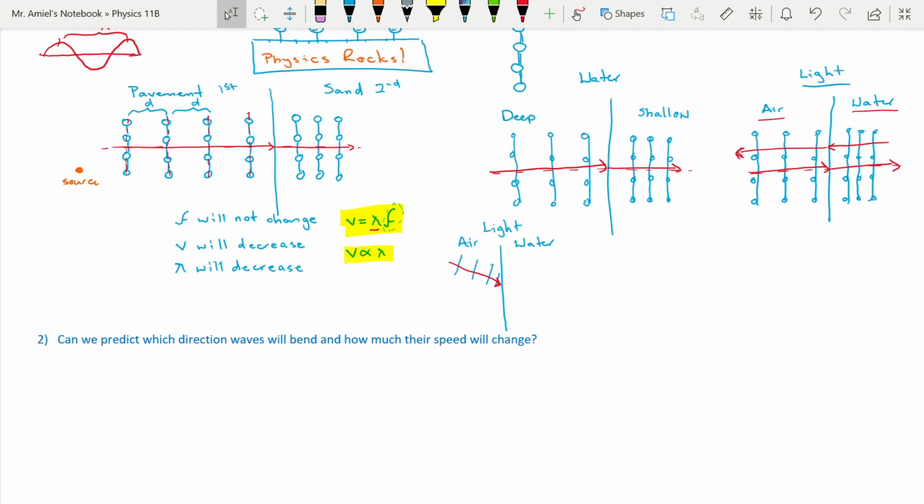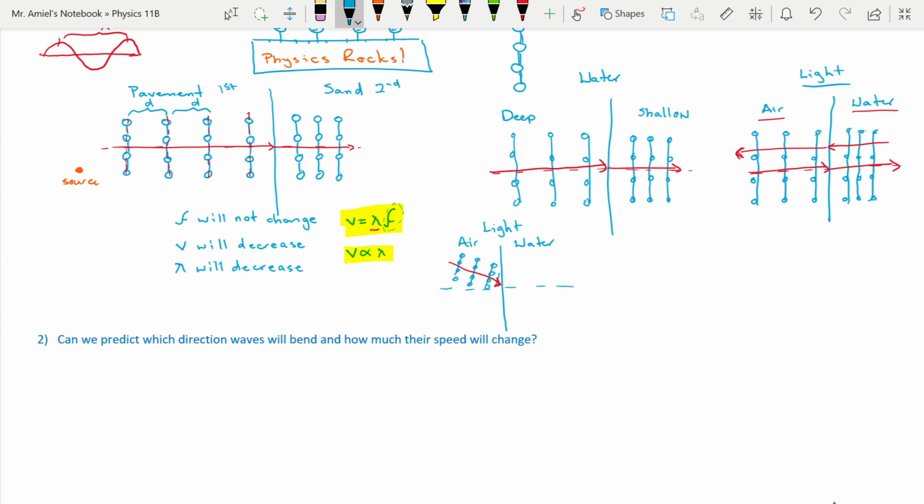Well, we're going to see that, relative to our normal line, which is always perpendicular to our surface, so in this case perpendicular to our interface, our waves are going to bend. And again, if we take our marching band or our parade banner holders as our example, we can think about it in very simple terms.